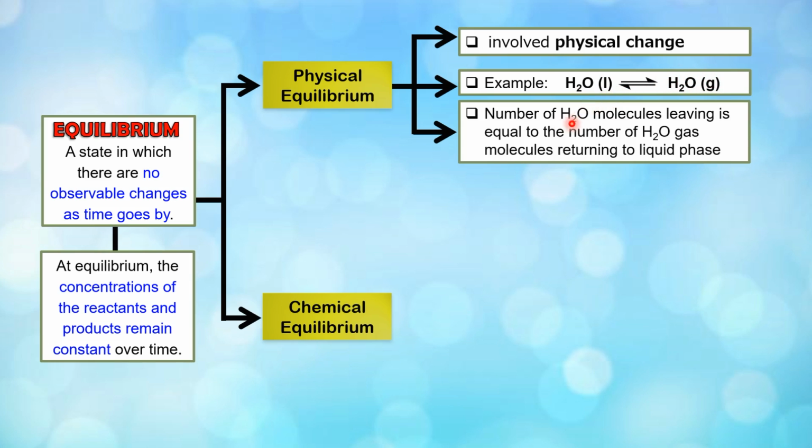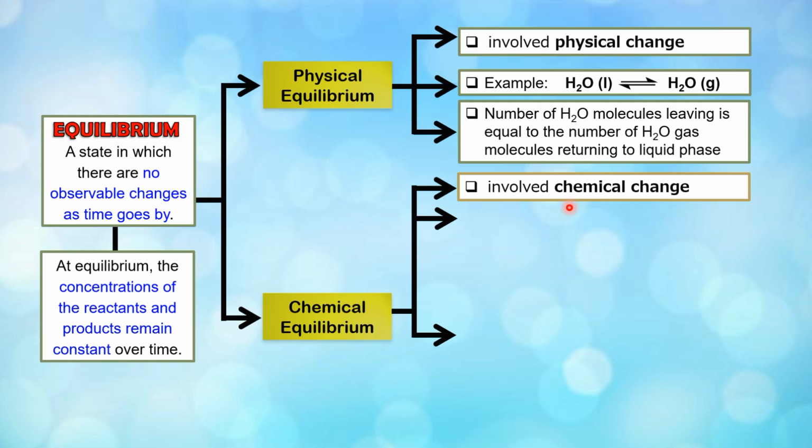So the number of H2O molecules leaving is equal to the number of H2O gas molecules returning to the liquid phase. Chemical equilibrium involves chemical change, for example N2O4 gas converts into NO2 gas. So we can see that the reactant and product are not the same.